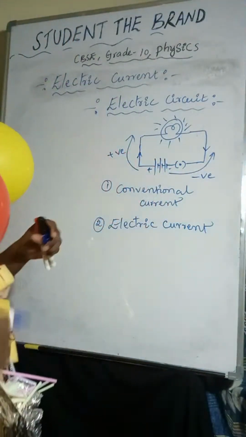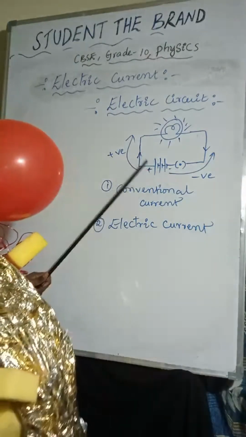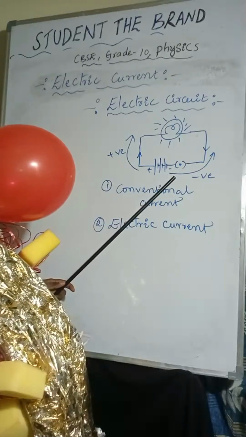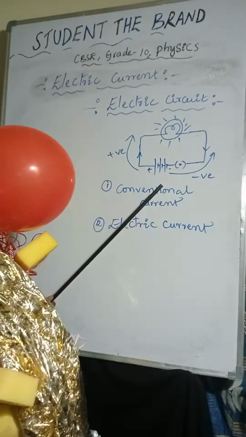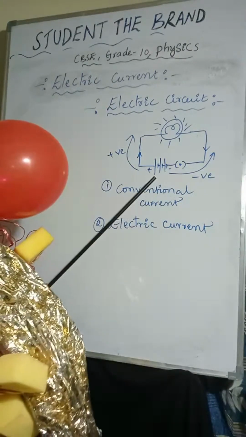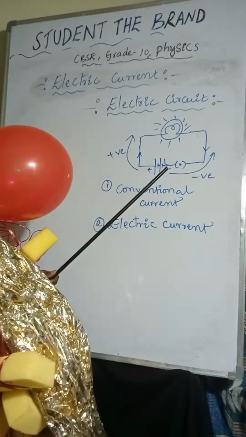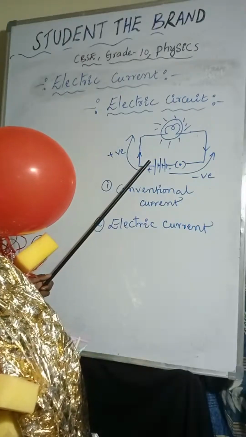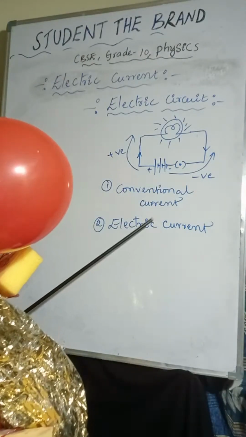Conventional current is nothing but the flow of positive charges. Electric current is nothing but the flow of negative charges, that is, electrons. Positive charges move from positive terminal to negative terminal, whereas electrons move from negative terminal to positive terminal.